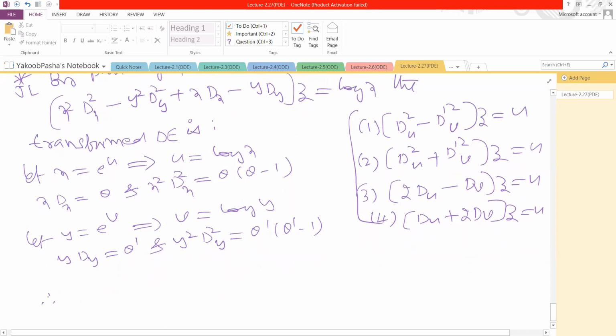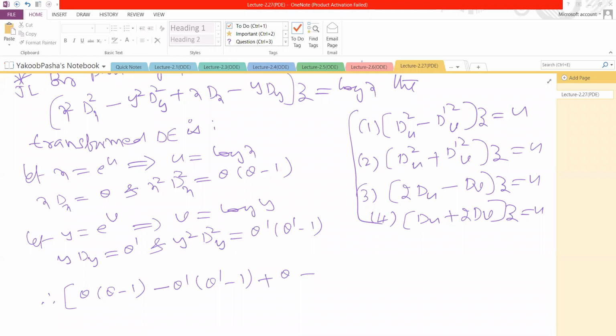Therefore, the given equation becomes theta into theta minus 1 minus theta dash into theta dash minus 1 plus theta minus theta dash of z, and here y dy means theta dash, and z is equal to log x, which means u.